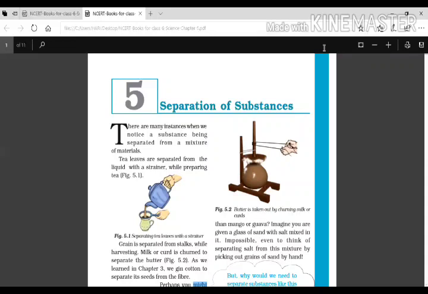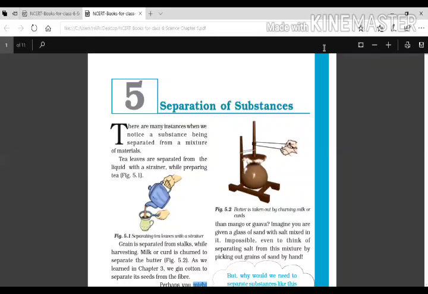They have no definite shape, no definite volume, and they spread everywhere. For example, oxygen. You all know that we need oxygen for breathing, but we cannot see it, right? That means we cannot see the substances in gaseous form, like oxygen, water vapor, carbon dioxide, air. All these are examples of the gaseous state.